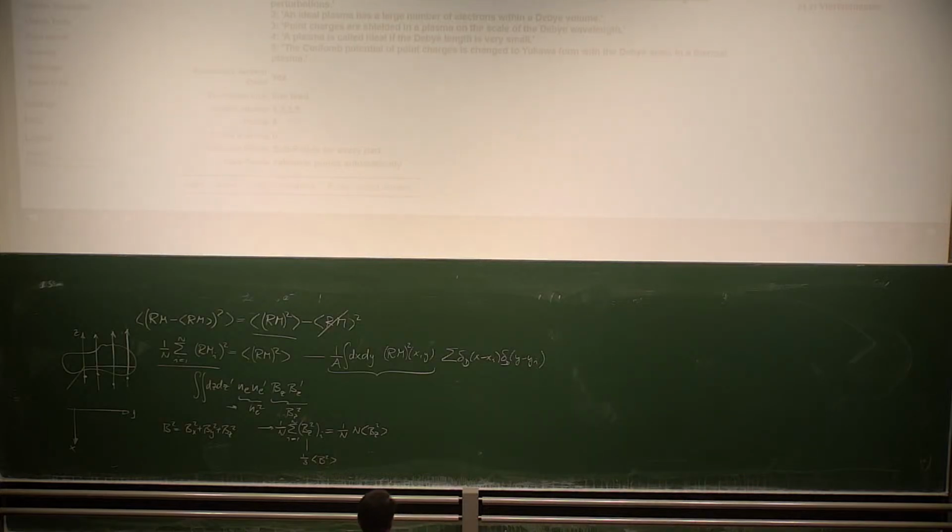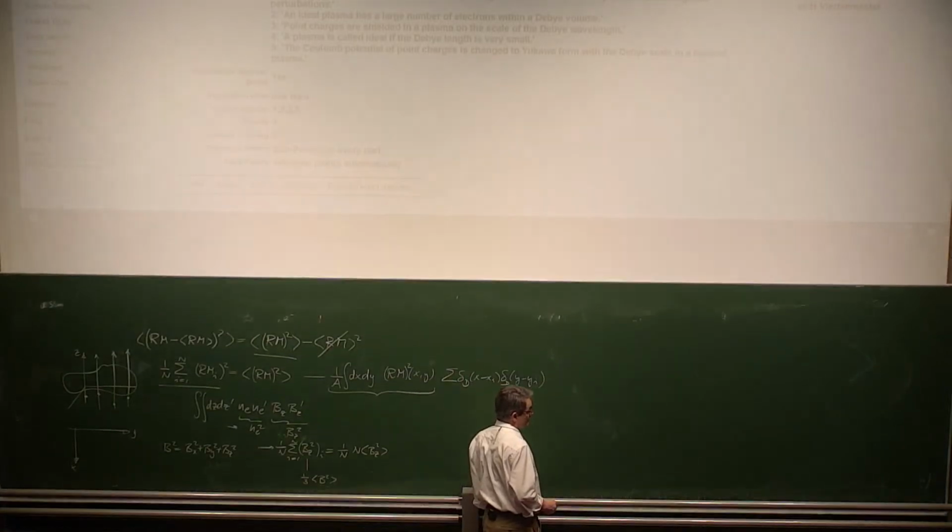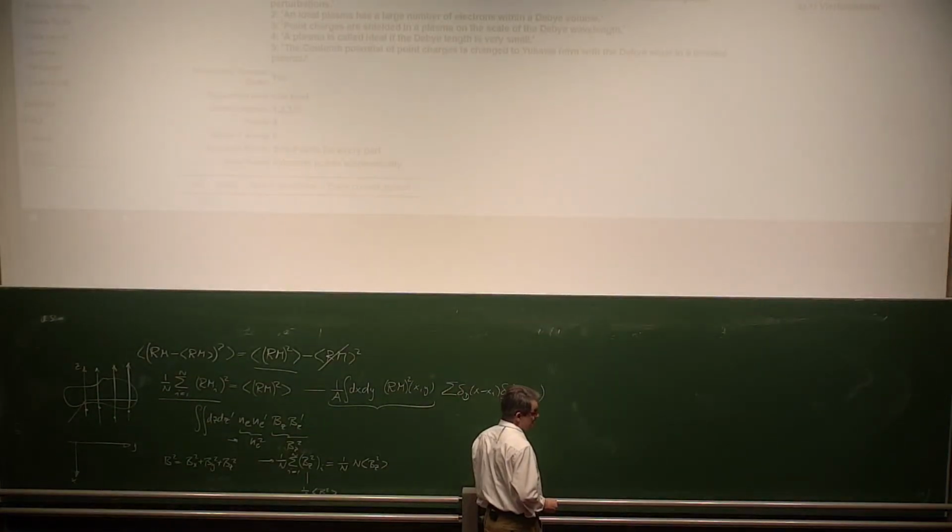Okay, so if you want to address sound waves in the plasma, you would return to a neutral gas, in fact, because the electrons and the ions are tightly coupled.